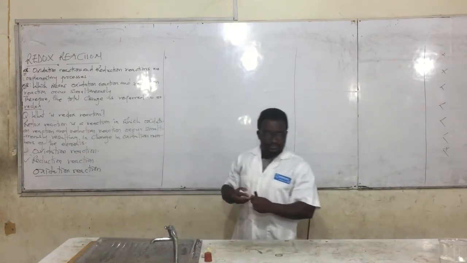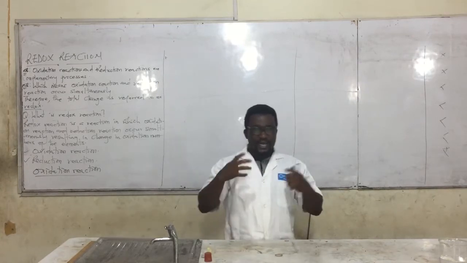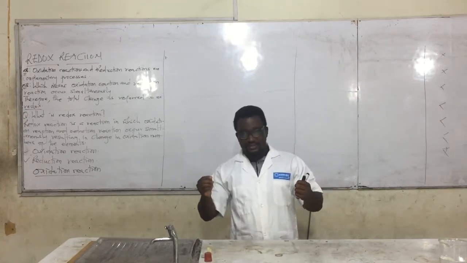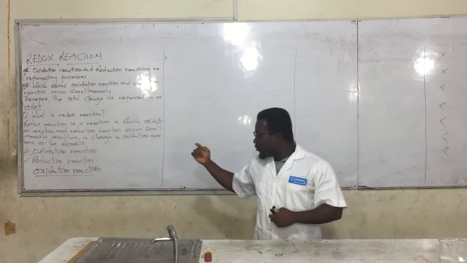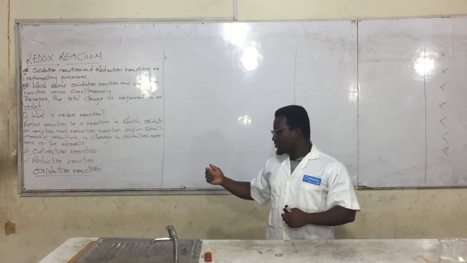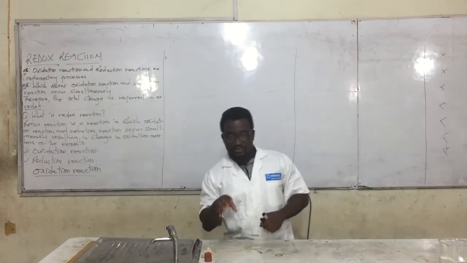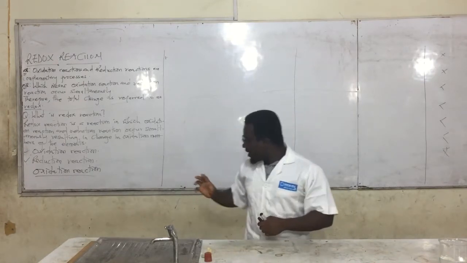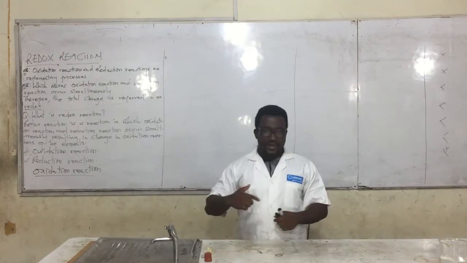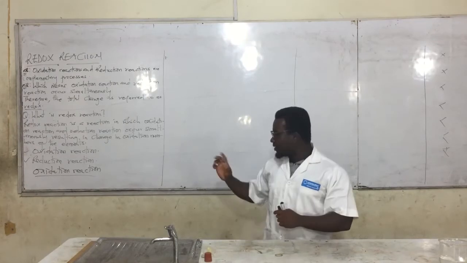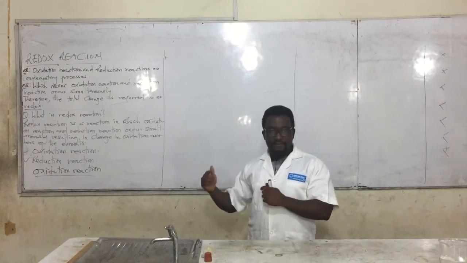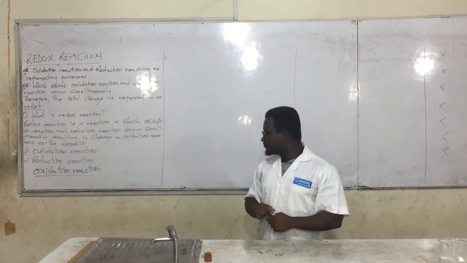The first term is in terms of elements. If you look at the word oxidation, the root word is oxygen. So if the root word is oxygen, I'm going to begin with the first element, which is oxygen.